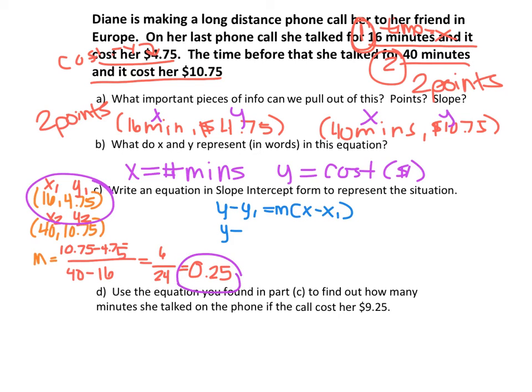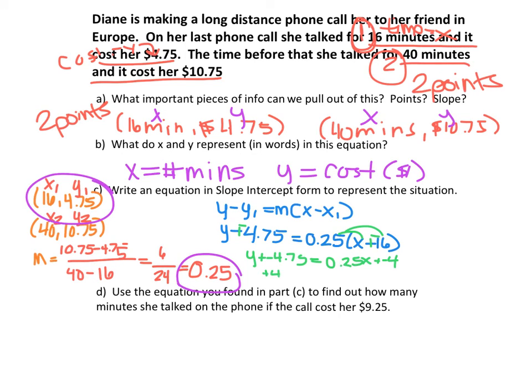I take y minus 4.75 is equal to 0.25 times x minus 16. So then from here, I'm going to utilize keep change, and I distribute. So I have y plus negative 4.75 is equal to 0.25x, and then 0.25 times negative 16 is negative 4.